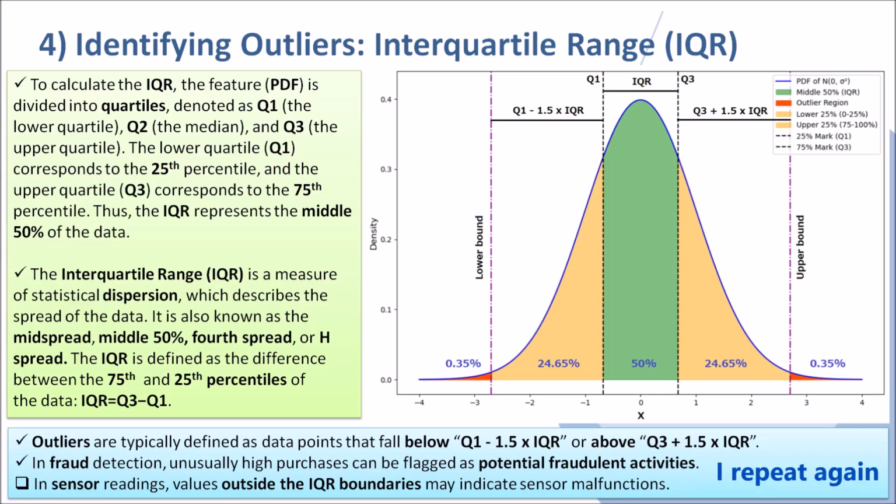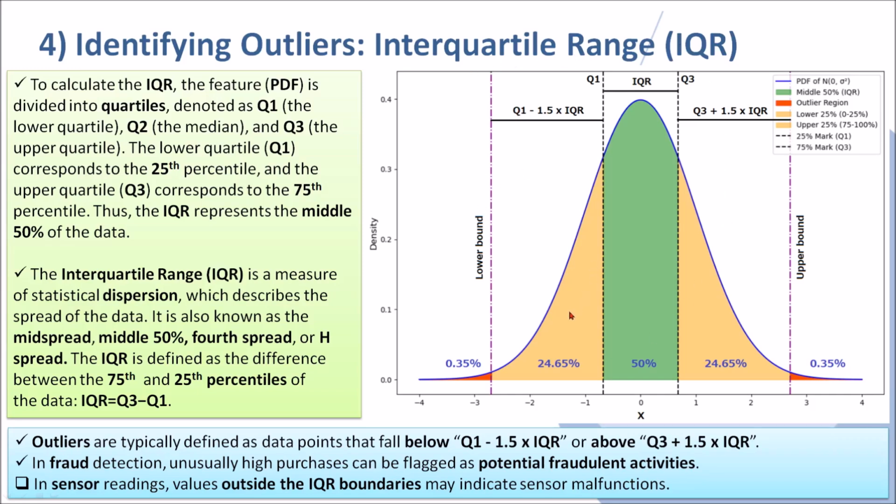I repeat again, please note that this value, this 0.35, is only for a perfect normal distribution. In the real world, we might have normal distribution, or some kind of skewed distribution. Therefore, this value might change to some extent, but we can get it using the interquartile range calculation.